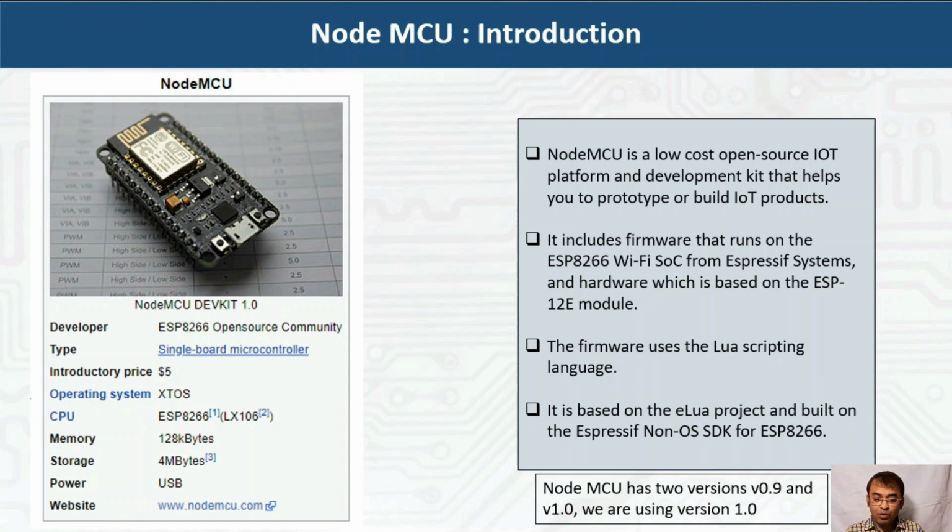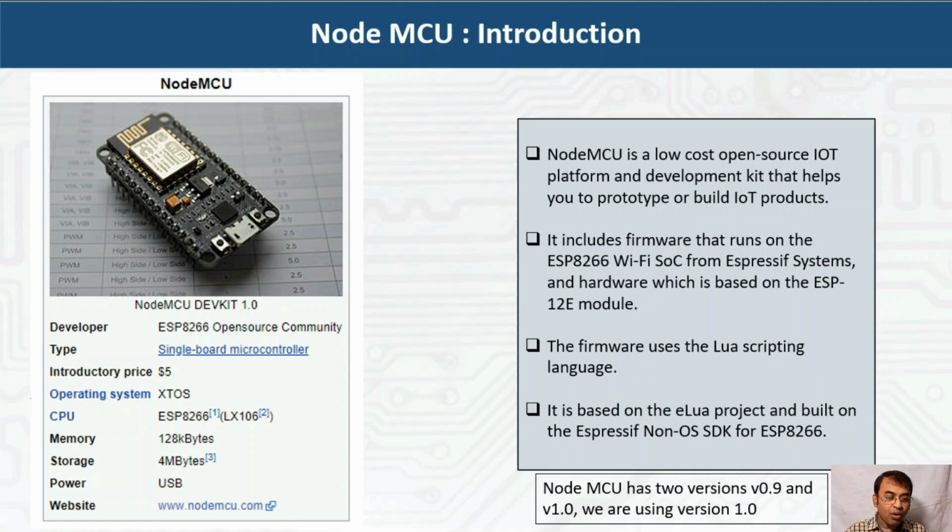CPU LX106, which is embedded within the ESP8266 Wi-Fi module. Memory 128 kilobyte, storage 4 megabyte, power USB. That means we can give power to this particular NodeMCU by using a USB cable. That means you can connect this USB cable to your laptop.